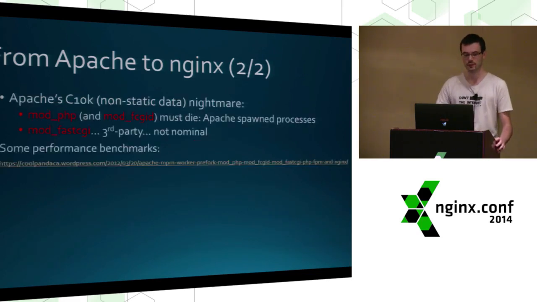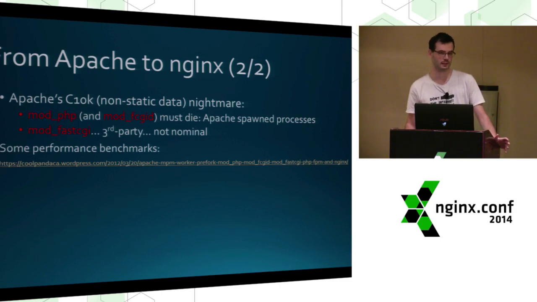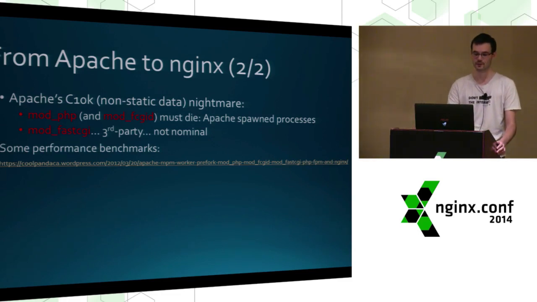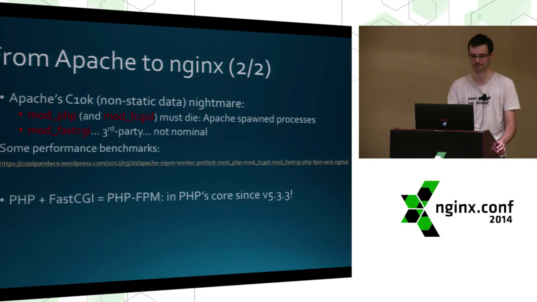I'll get quickly over that because you already know that, otherwise you wouldn't be here. Apache scales badly and is slow, especially considering dynamic data. So the C10K problem, especially dealing with dynamically generated PHP pages, is a nightmare. So that's why Nginx kicks in.